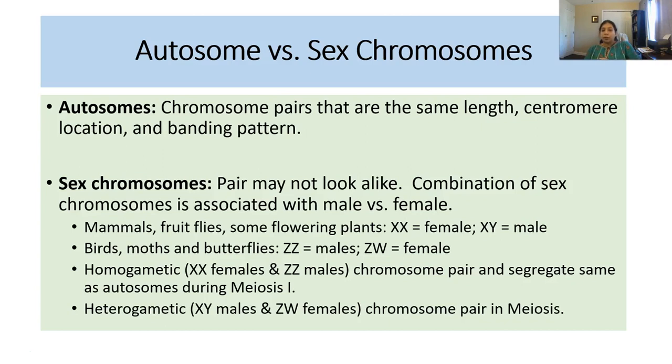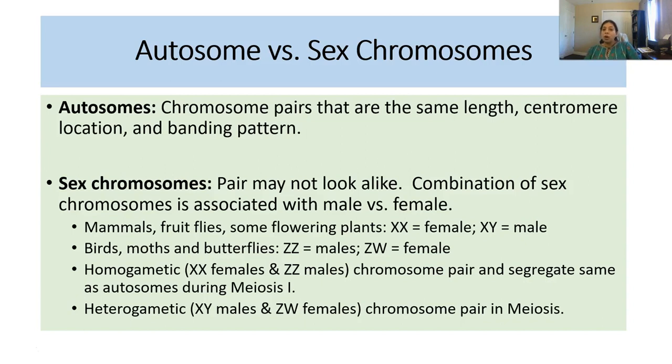So in mammals, fruit flies, and some flowering plants, you have XX as female, just like in humans, and XY as male. In others, for example in birds, moths, and butterflies, you have the opposite, where two Zs are considered male and a ZW is a female.